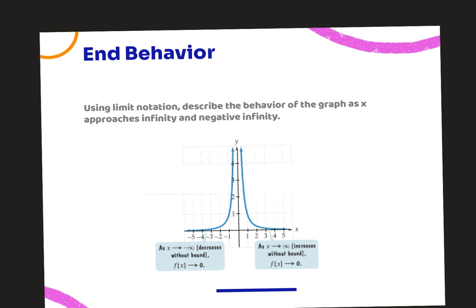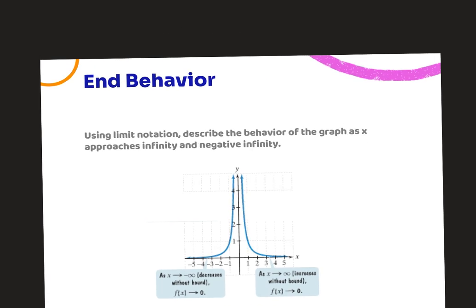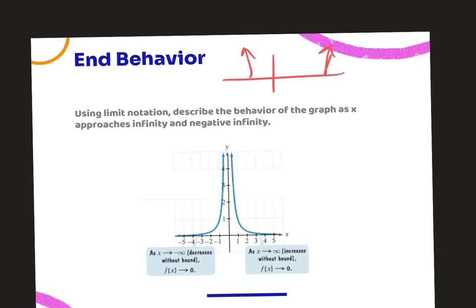So in previous sections, at the beginning of the school year, when we talked about end behavior, you were talking about a polynomial function that had zeros, and we would look at our highest exponent to see what happens at the left and the right-hand behavior, right? We would say either they both go up, they both go down, or one goes up and one goes down. So now we're just going to use limit notation to describe that.